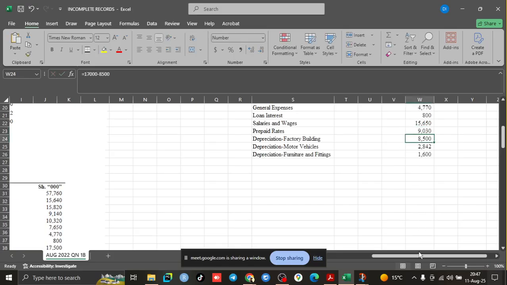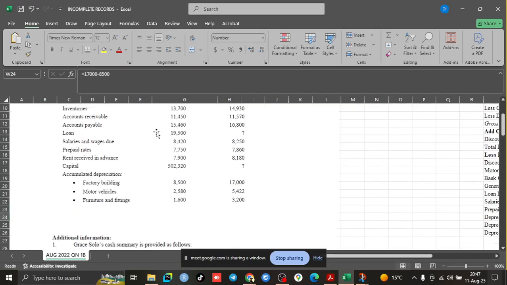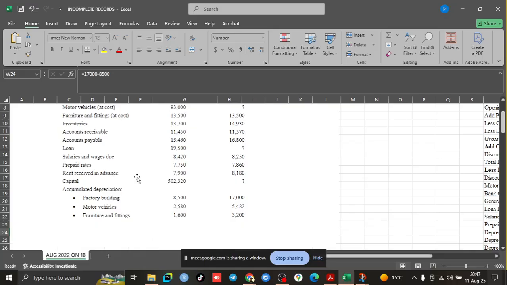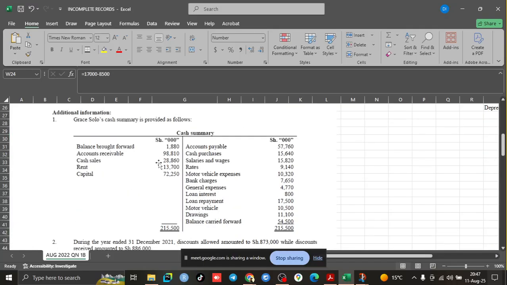There's one nimekuwa nikiavoid deliberately but nimeifikia finally, which is rent. Rent iko on the debit side. If it's on the debit side inamaanisha it's an income, but we have to determine the exact amount of that income ndio tuweze kurecord kwa the statement of profit or loss.